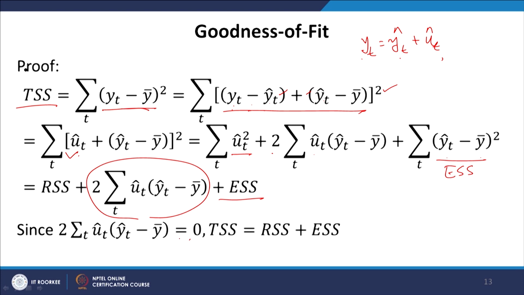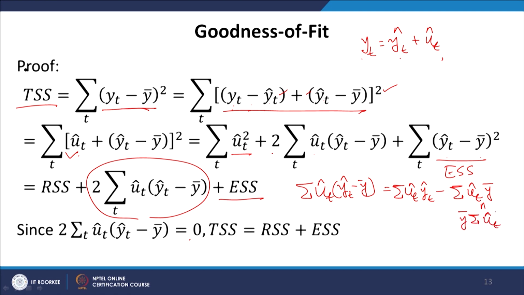Why? Because summation ut hat into yt hat minus y bar can be written as summation ut hat yt hat minus summation ut hat y bar. First of all you can see that y bar is a constant. So, this expression will become y bar into summation ut hat, and summation ut hat is 0. So, this term becomes 0.